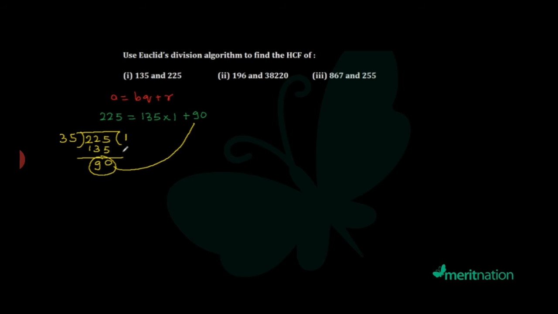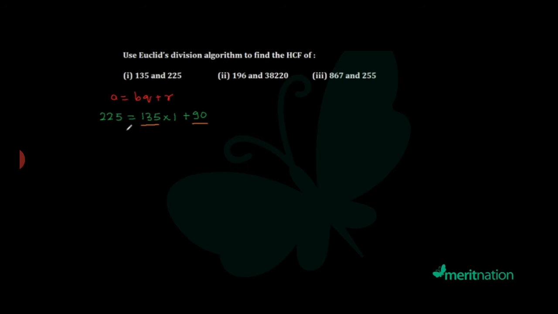90 has taken the value of r. 1 is nothing but the quotient. 135, yes guys, it is the divisor, and 225 here is our dividend. Similarly, now what we spot here is that we got the remainder as 90 and this was our divisor.